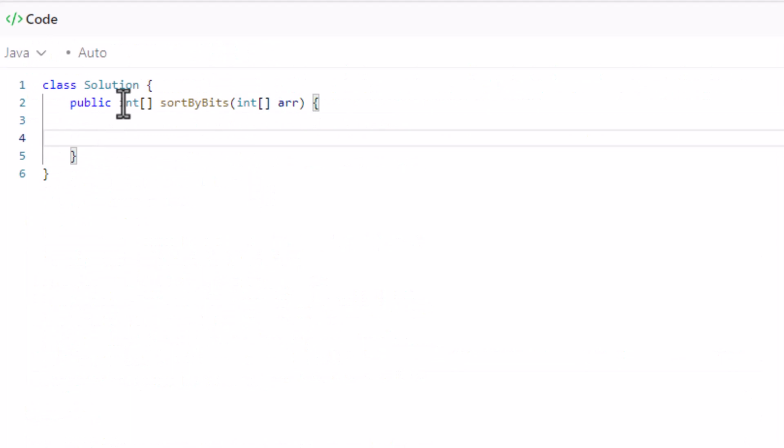So we start by looping through the int array. Start at 0, make sure it's less than the array length, and increment it by 1.